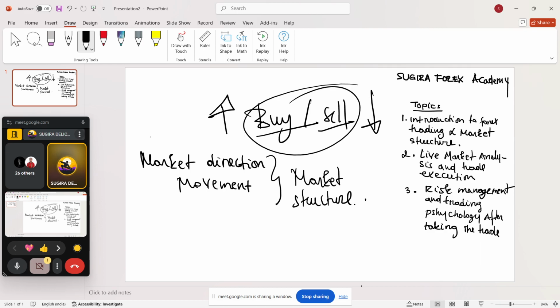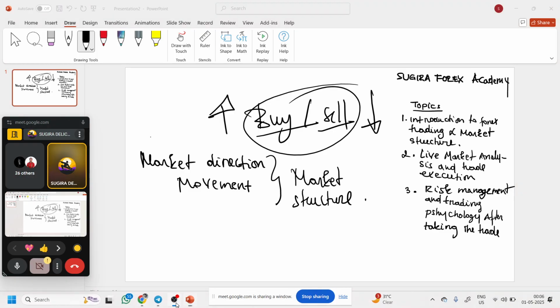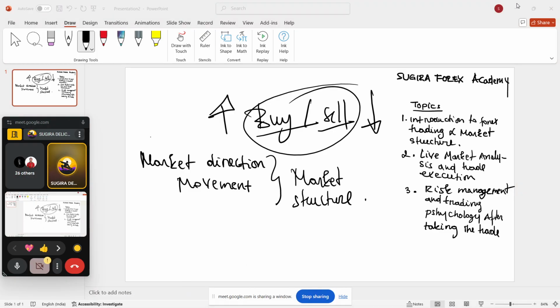To mean market structure, as we have already seen, we have two directions in the market. We have either up or down. To mean we have an option of buying or selling the market. So we have to ask ourselves how we know that we are gonna buy and how we will know that we are gonna sell. This is when we ask ourselves what the market direction is, what the market movement is in general, and how the market moves.